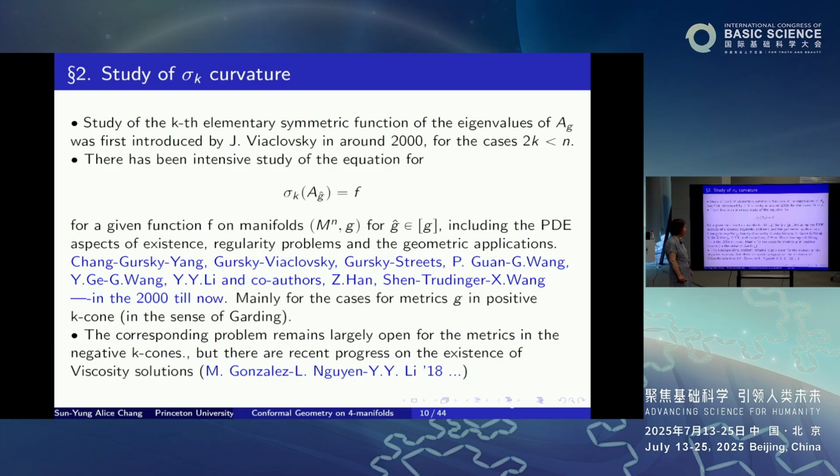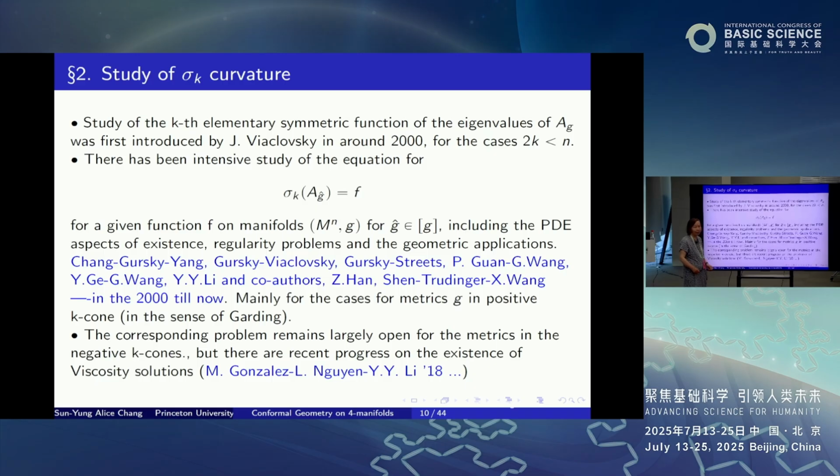And the direction which has had lots of progress is when this A_g hat is in the positive k cone, in the sense of Gårding. So in the positive 2 cone, positive k cone. And only in recent years have they begun a study of the negative cone.